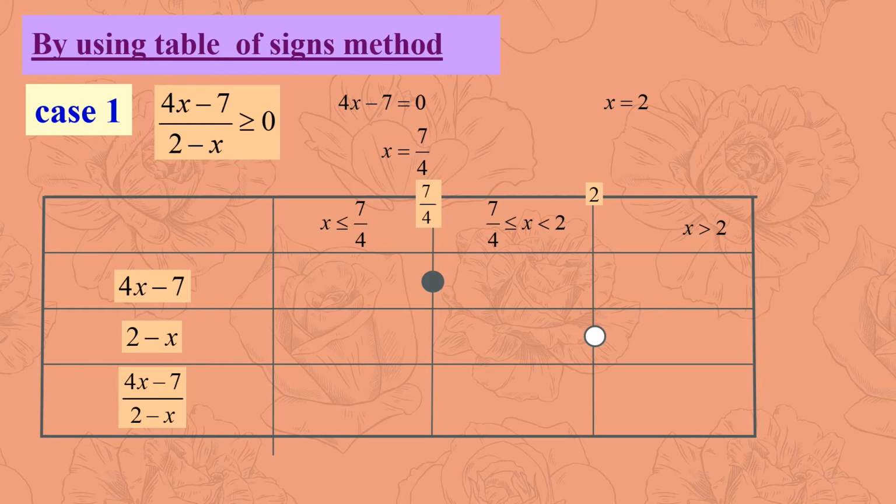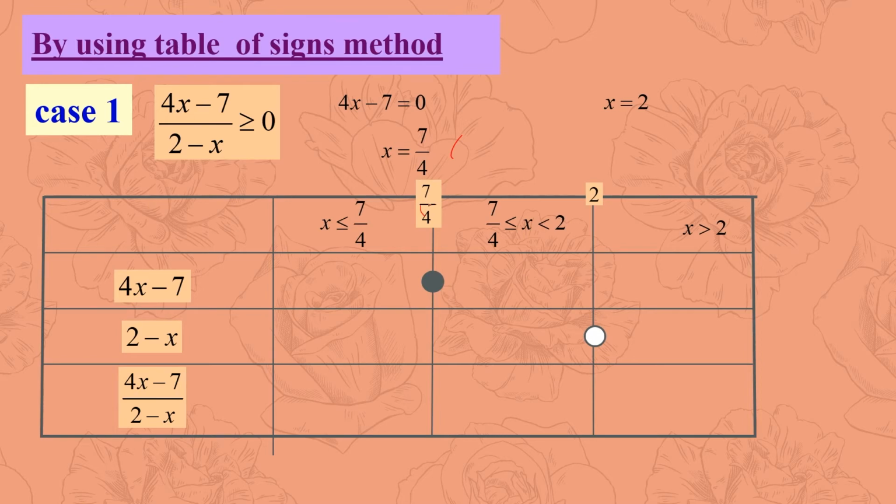I am going to show you the fastest technique on how to insert the sign on this table. But you have to make sure that you are choosing the right factor with the right x values. For example, for 4x minus 7, the x value is basically 7 over 4.